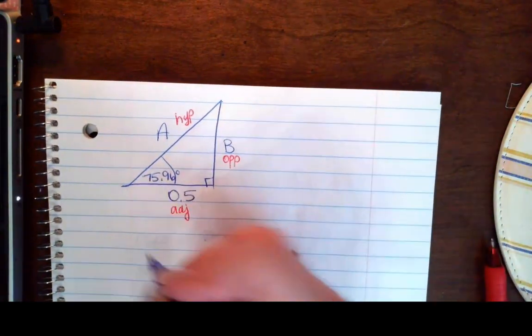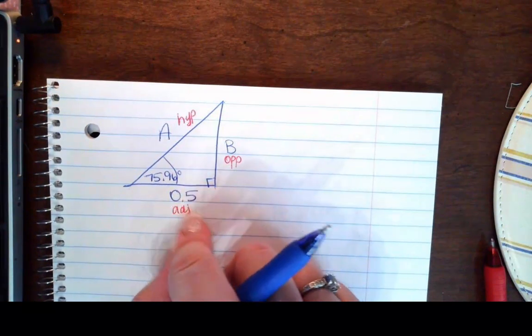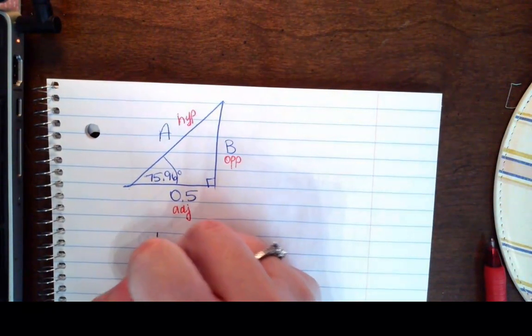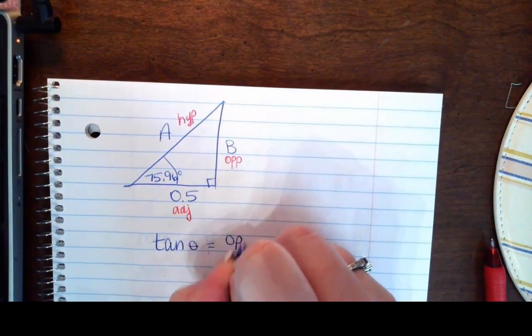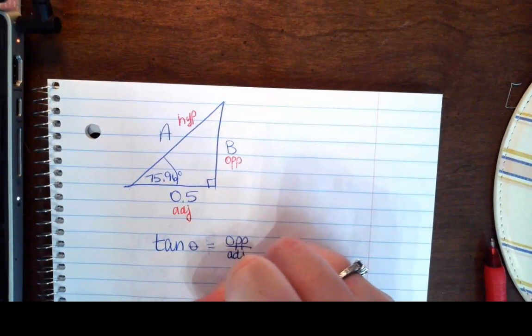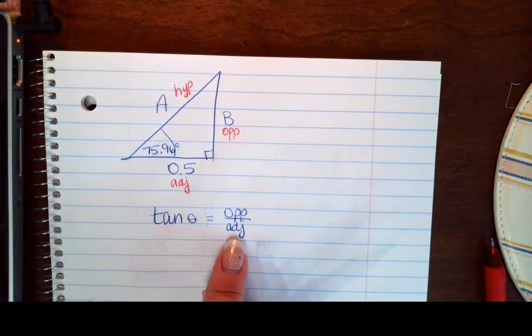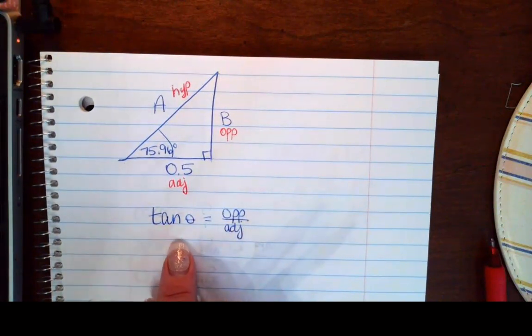So I am going to choose a trig function that incorporates the adjacent side. Okay? And so for our purposes, I'm going to use tangent theta is opposite over adjacent. Okay, I know the adjacent side, so it's going to be a whole lot easier if my adjacent side is in the denominator. And you'll see why in a second. But that's why I chose tangent.